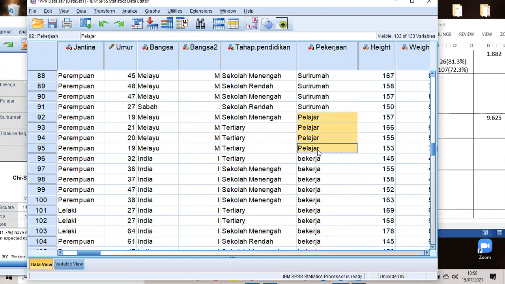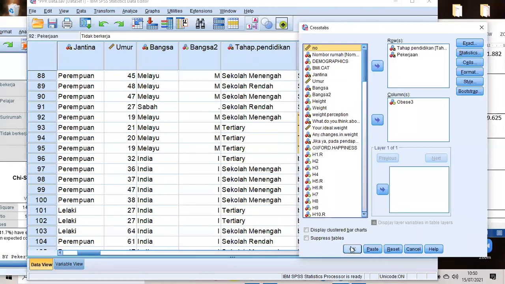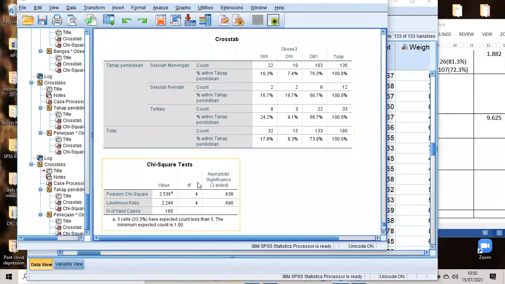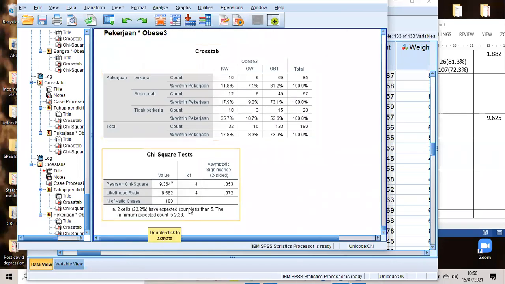Right, these 4 people. And there you go. Especially when it's significant, we must look into the minimum cell count. Here it's not significant, so I don't bother much. Just now I said significant, now I check. Okay, this value 2.33, samples are 180, is more than 1.